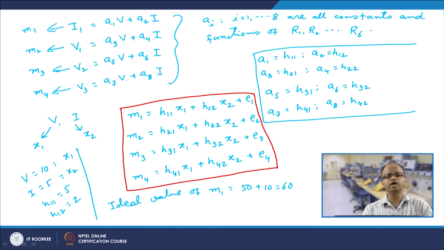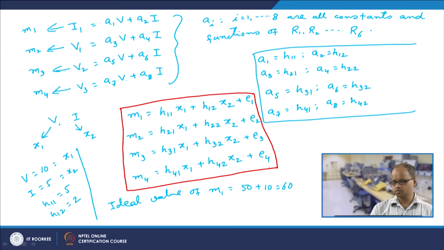But in actual life, these meters give us a measured value equal to the ideal value plus or minus some error. Here, E1, E2, E3, E4 can take either positive or negative values, which we do not know; these are all random in nature. So the measured value M1 would be the true value plus error, and likewise for M2, M3, and M4.